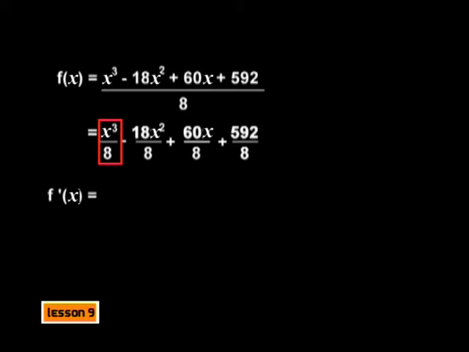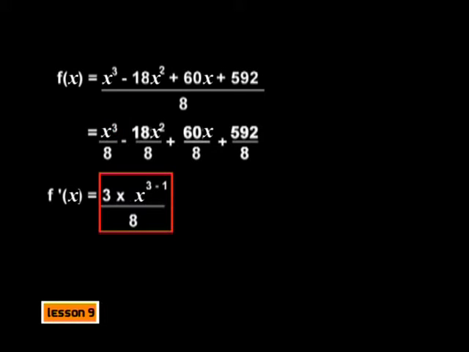Let me start with x cubed divided by 8. This 3 comes to the front, and I get 3 times x to the power of 3 minus 1, which gives me 3 times x to the power of 3 minus 1, all divided by 8.